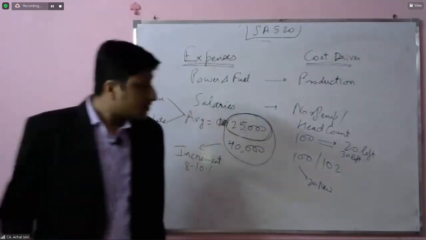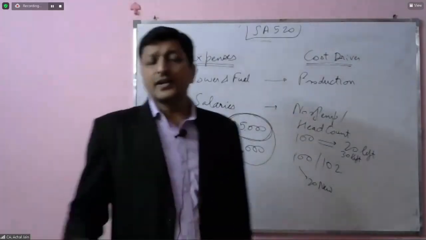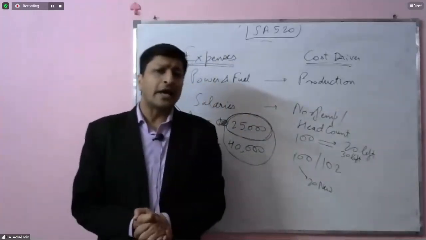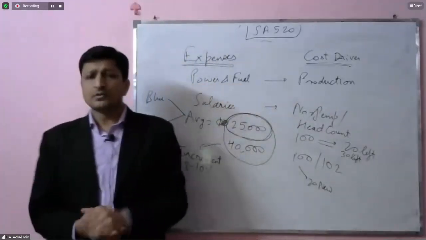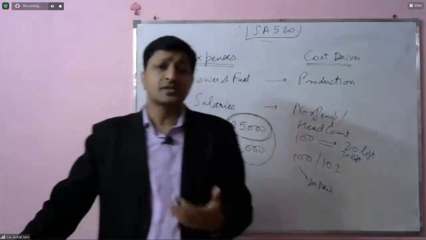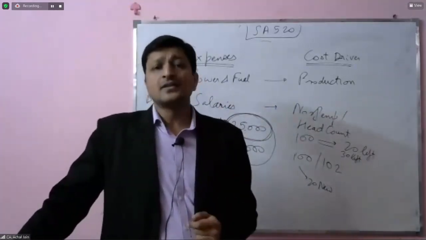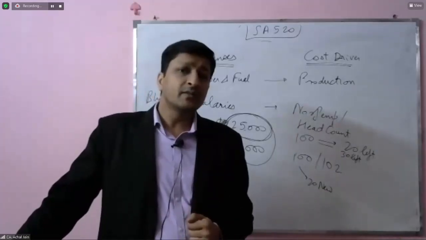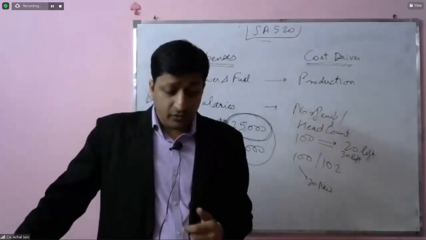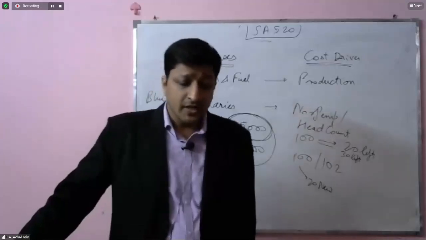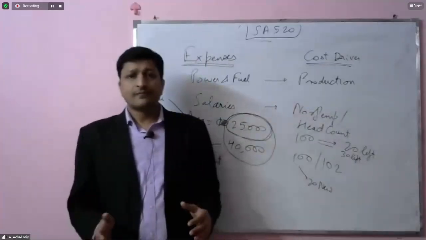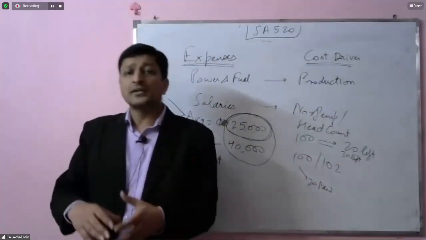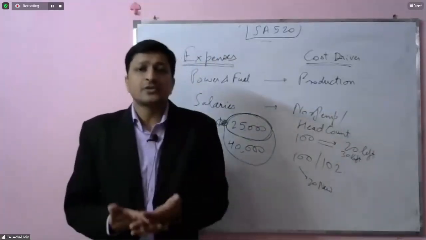So this was all about analytical procedures. As I told you, analytical procedures are all about analysis which is required to be drawn on the financial statements, and this is something technical at times, and something very interesting. These analytical procedures can be performed at various stages. This is not something which will be done by the auditor only during the course of his execution.